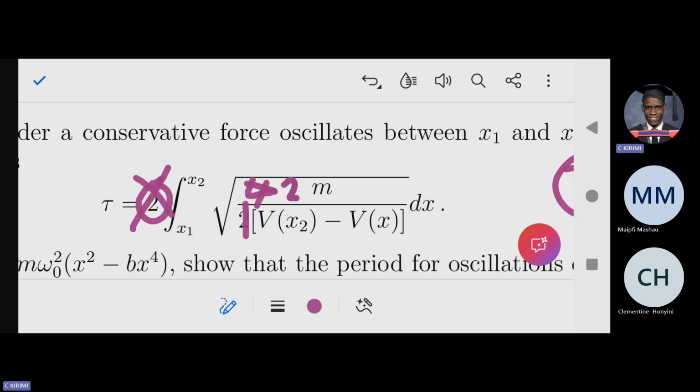So the one which I'm saying, V of x2, this is what they are referring to as E. It's your E, which is your total energy, V of x2, which is kinetic plus potential. V of x is just the potential energy.